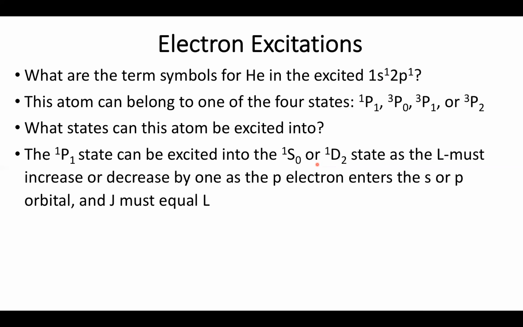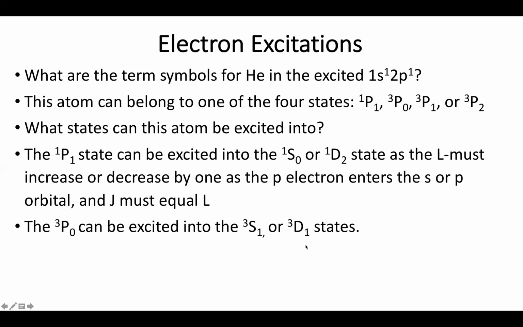So that brings us to the next state. I have my triplet p with, again, this low energy J equals 0 case. So if this guy were to be excited, again, my p orbital can either enter an s or a d orbital, at which point I end up with an s or d state.